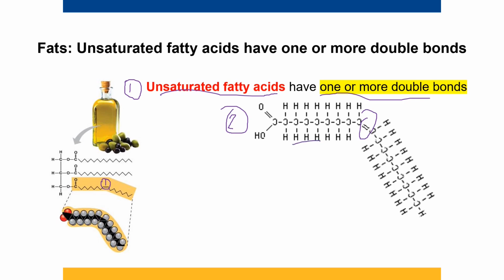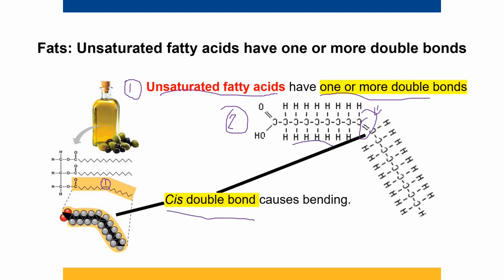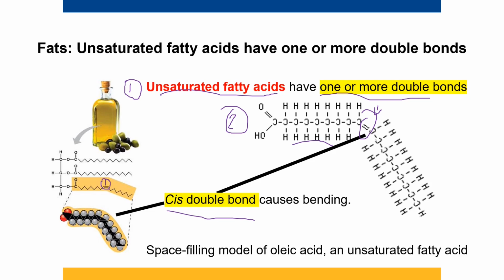All of them are saturated except this one, but this double bond causes something. It causes a bending. A cis double bond causes a bending. And finally, the third thing that I show you is this space filling model of an oleic acid, an unsaturated fatty acid. This is a way to represent fatty acids that is used to show phospholipids and cell membranes.